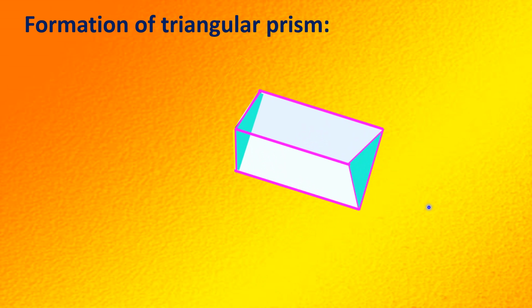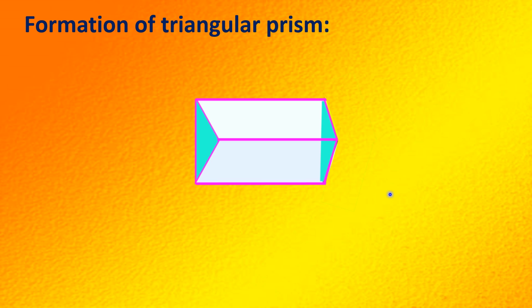See here, this is called the triangular prism. So in a triangular prism, how many rectangular plane surfaces are there? There are three rectangular plane surfaces and two triangular bases.